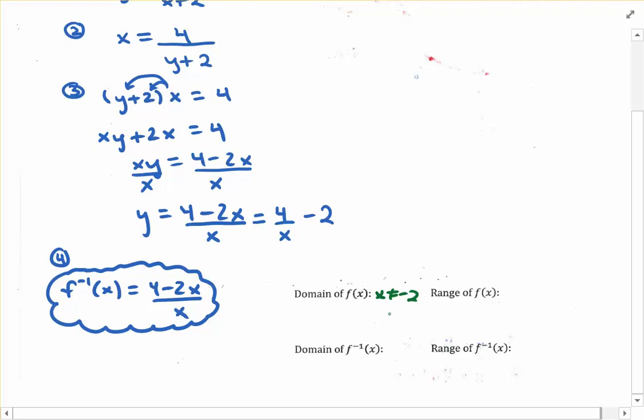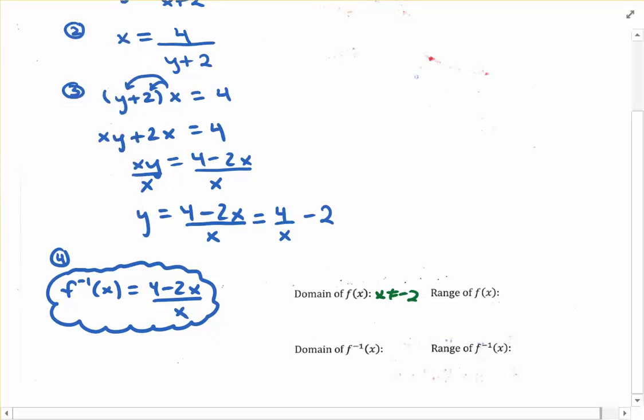But since we know that the domain of the original function excludes negative 2, based on the results of page 2 in the note packet, where it says the domain of f equals the range of f inverse and the range of f equals the domain of f inverse, we actually know something about the inverse function based on the domain of the original function f of x.